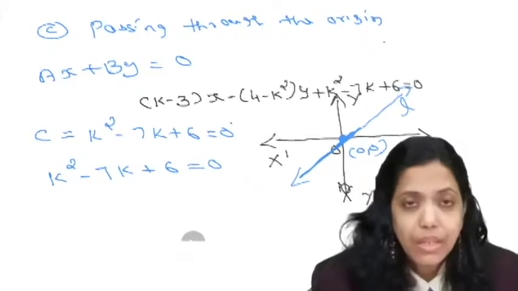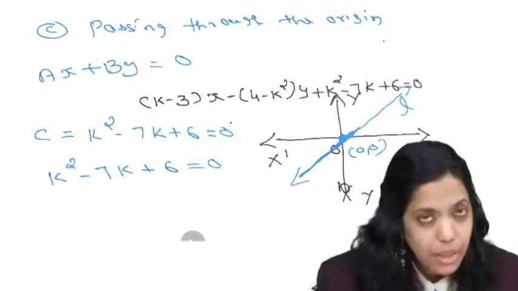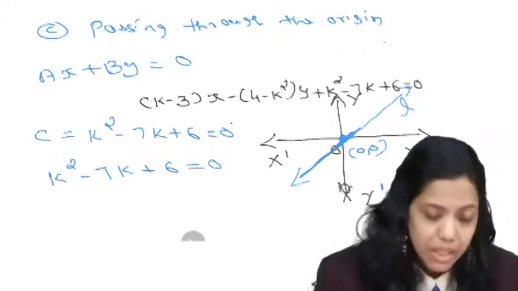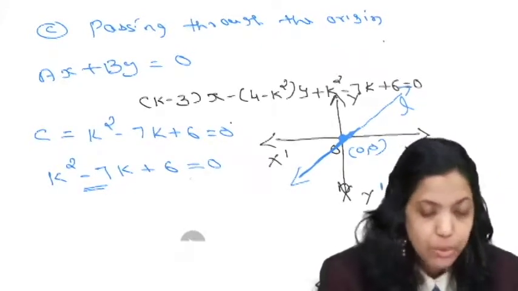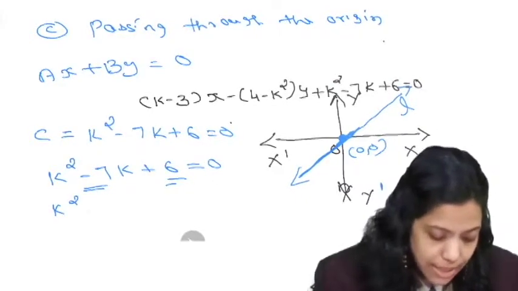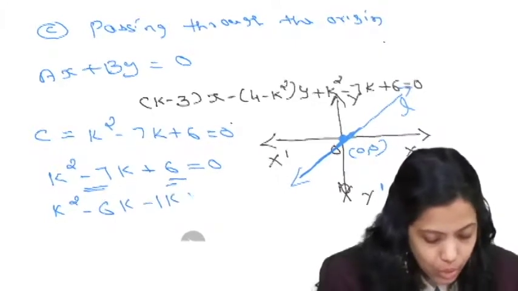As we know, we can use either splitting the middle term or the quadratic formula. Here I consider splitting the middle term. So the sum is negative 7 and the product of the numbers is 6. So here we can take minus 6k minus 1k plus 6 equal to 0.